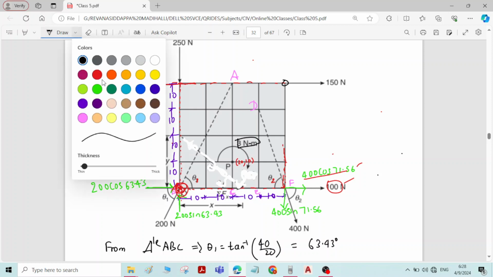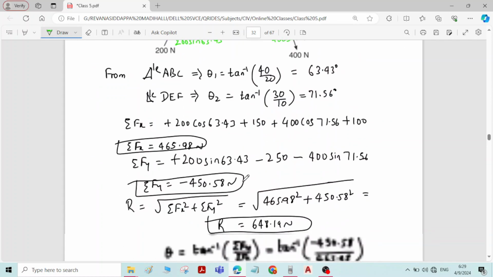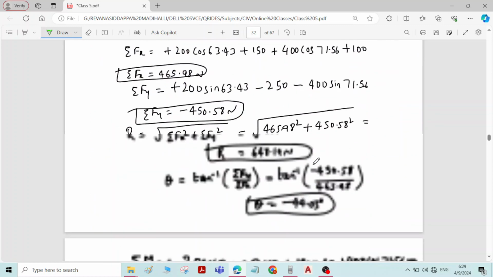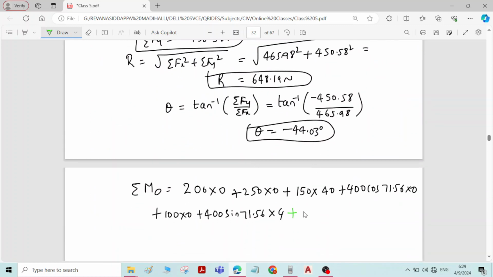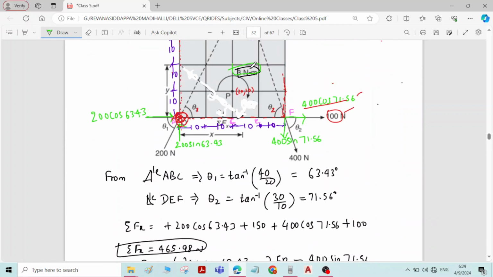So it is a clockwise moment, and for a clockwise moment the sign is plus. What is the magnitude of the moment given? 3, plus 3. That's it. Don't multiply the distance. It is already the moment.